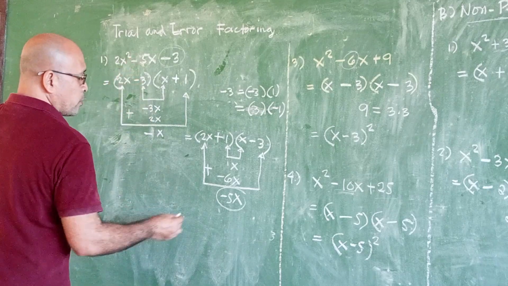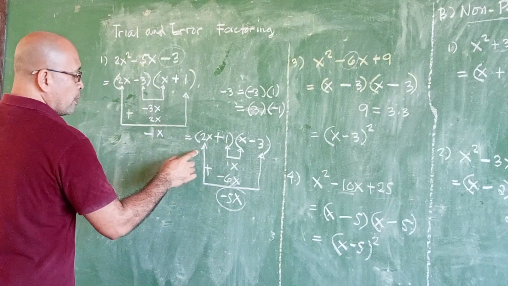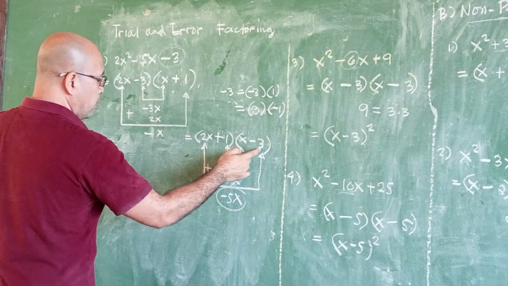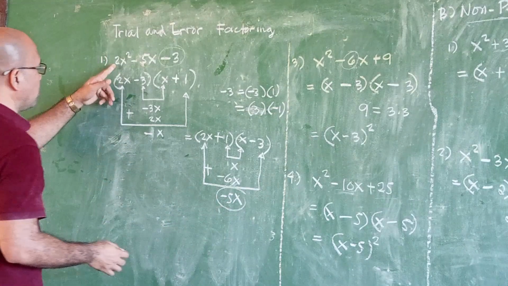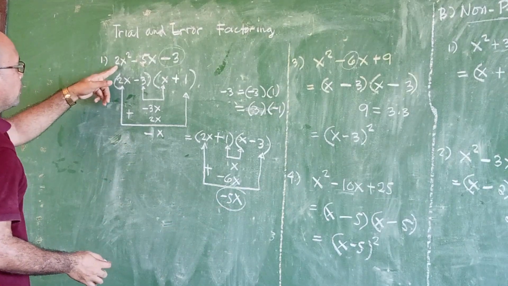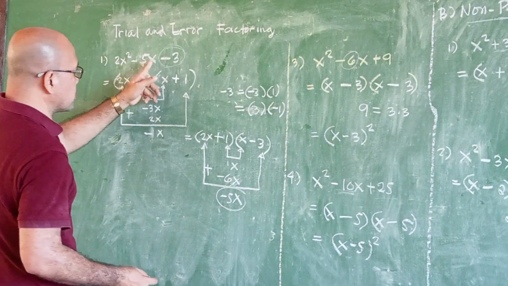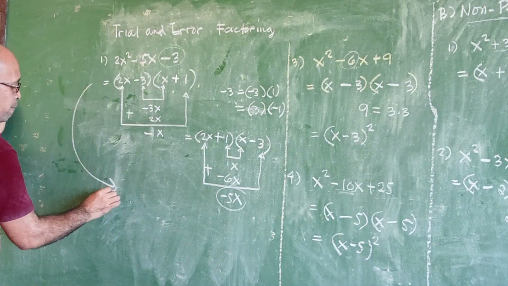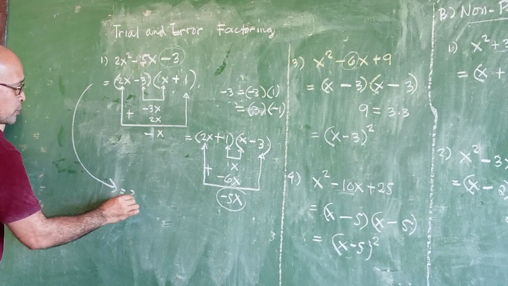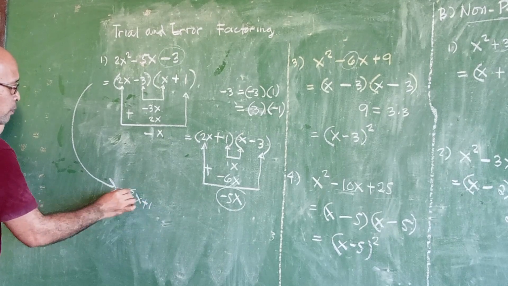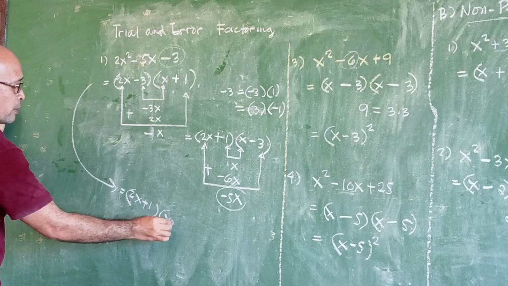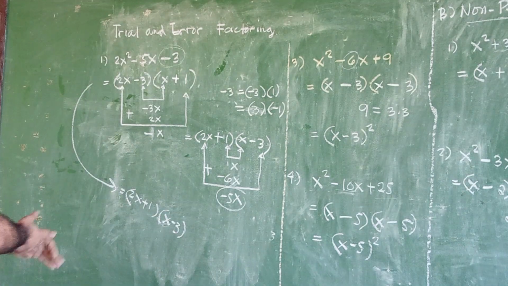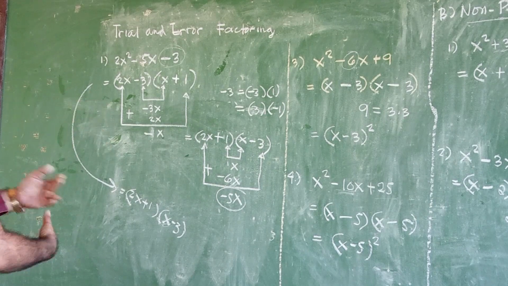So therefore, we can conclude that 2x plus 1 and x minus 3 are the required factors of the given trinomial 2x squared minus 5x minus 3. So that's it. The final factors are 2x plus 1 and x minus 3.